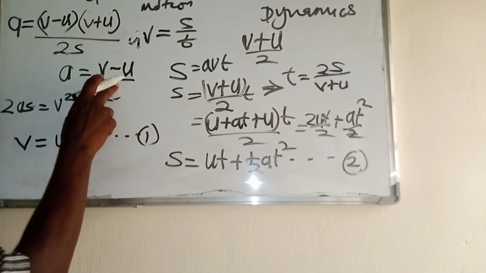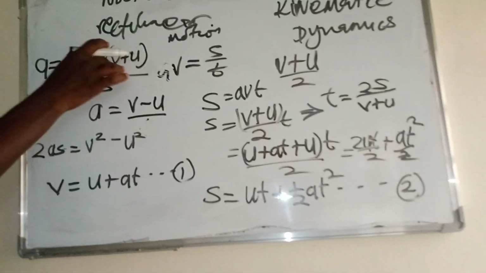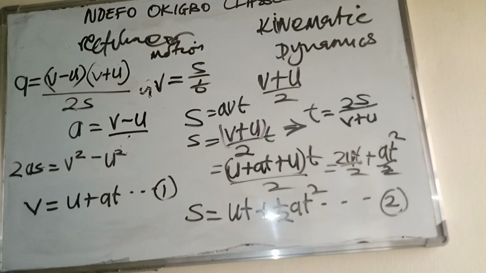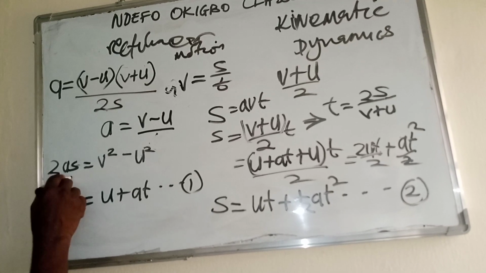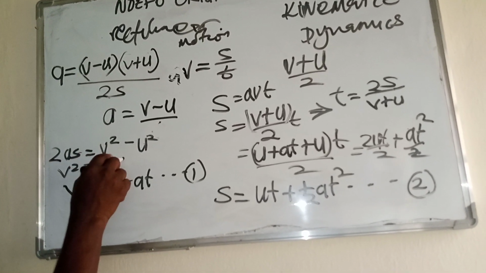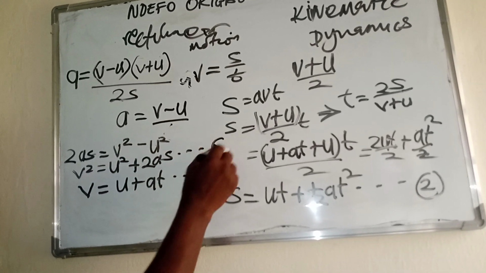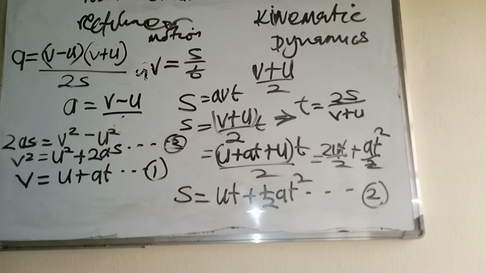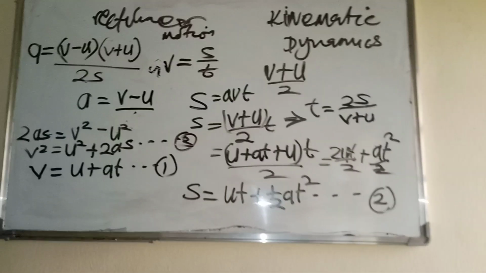You can work it out and see: if you expand this times this, you will get v squared minus u squared. Which means if you make v squared the subject, it will be equal to u squared plus 2as. This is also the third equation of motion: v squared is equal to u squared plus 2as.